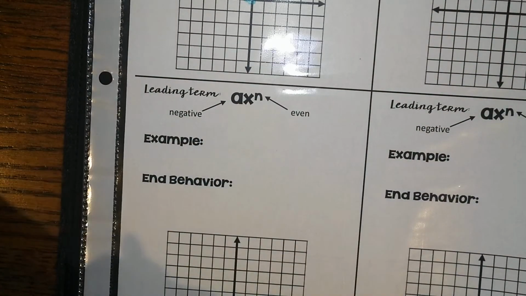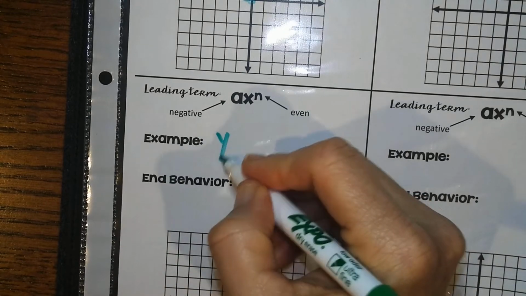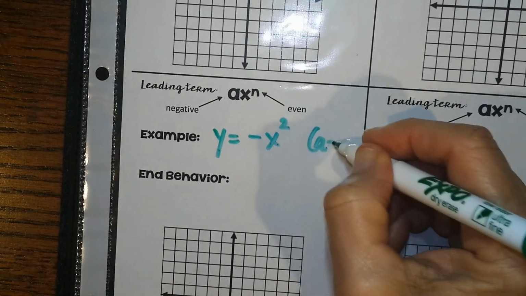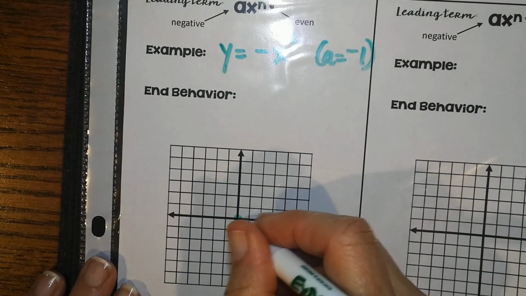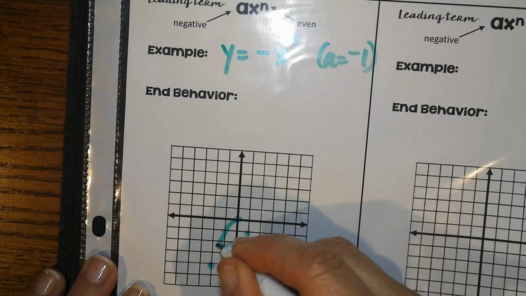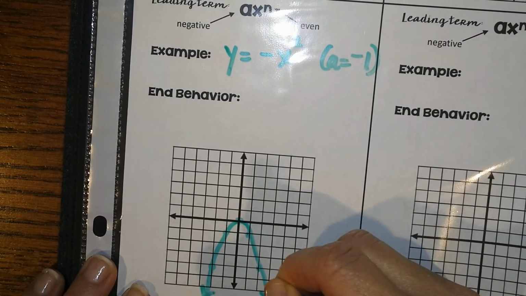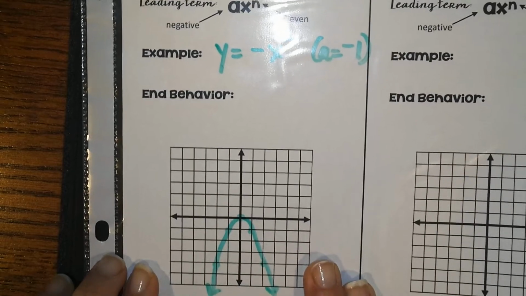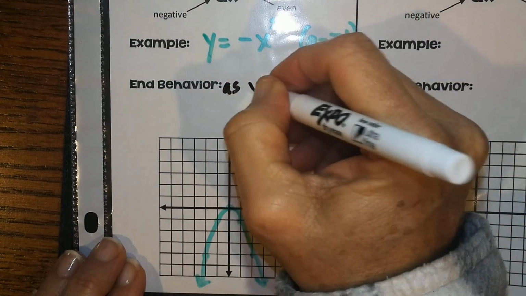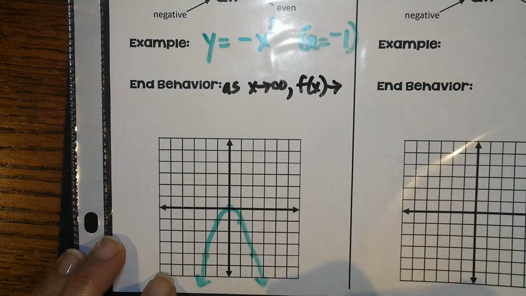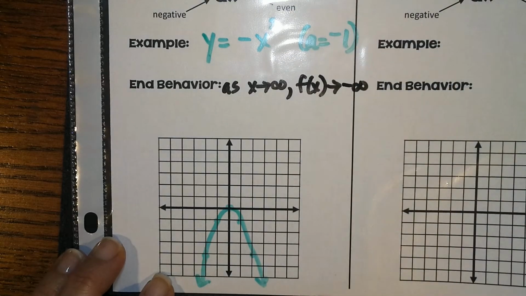If I have a negative even, my example is y equals negative x squared. Here, a is negative 1. Well, it's the same graph, just upside down: (1, 1), (2, 4), and it's going down this way. And the end behavior, just the ends: as x goes to the right, f of x goes down, so negative infinity.